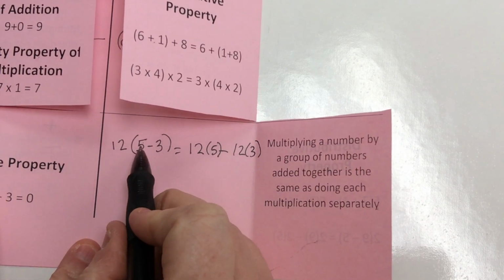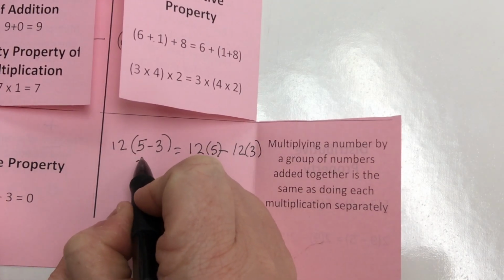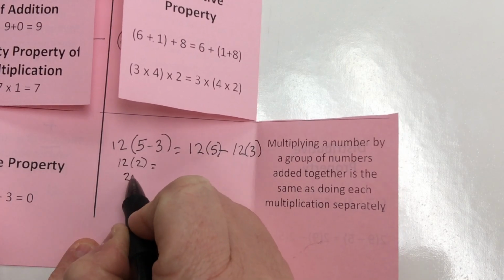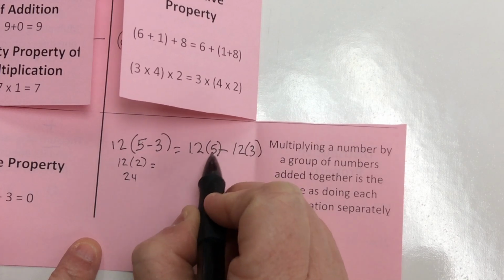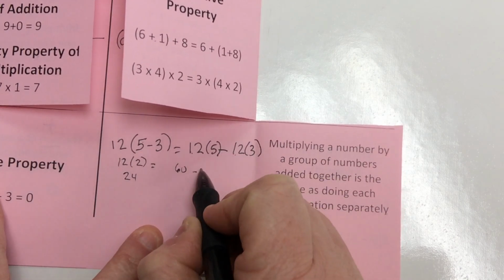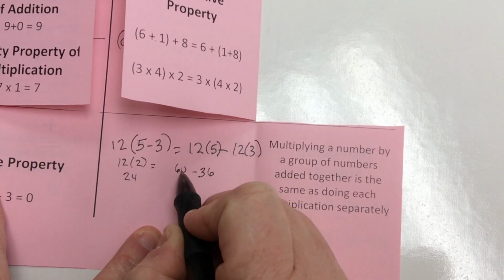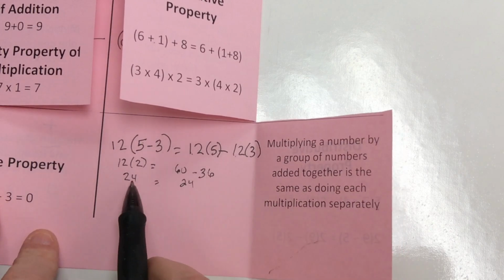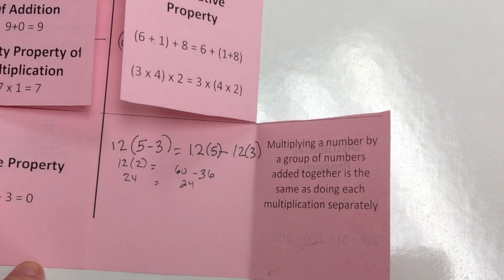Okay, if I do this right here, 5 minus 3 is 2. So 12 times 2 is 24. And I can go over here. 12 times 5 is 60 minus 12 times 3 is 36. 60 minus 36 is 24. So these are equivalent. Okay, we'll be using this one a whole lot, okay?